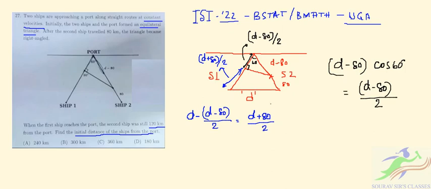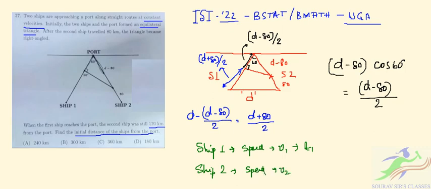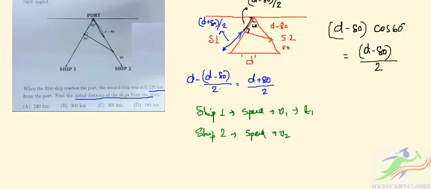Now consider ship 1. For the first instance, the speed is v1, and in time t1 it covers the distance to the position (D plus 80) by 2. Ship 2 has speed v2.